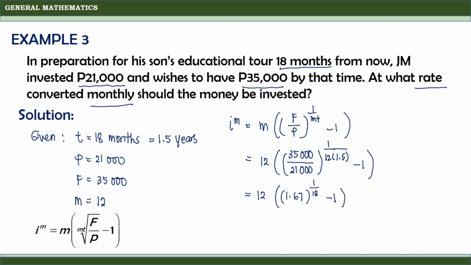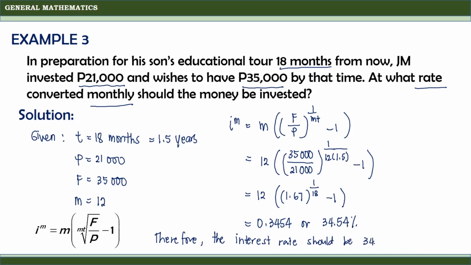From here, you can key in this directly to your calculators and it will give you an answer 0.3454, or in percent form, we have 34.54%. Therefore, the interest rate should be 34.54%.